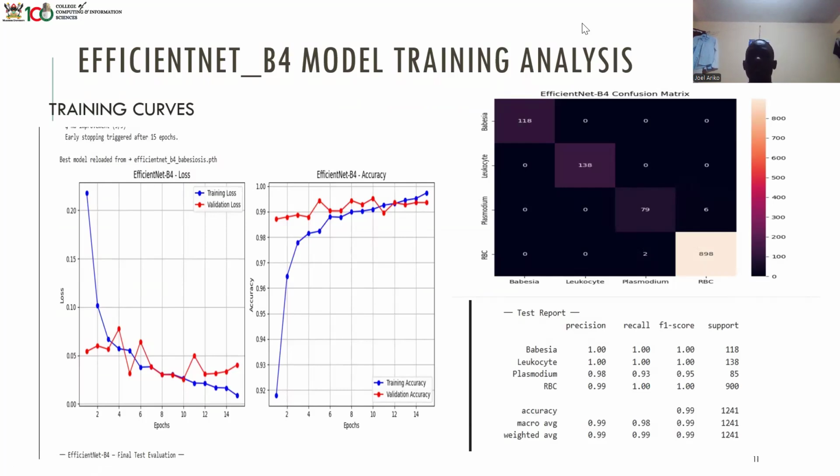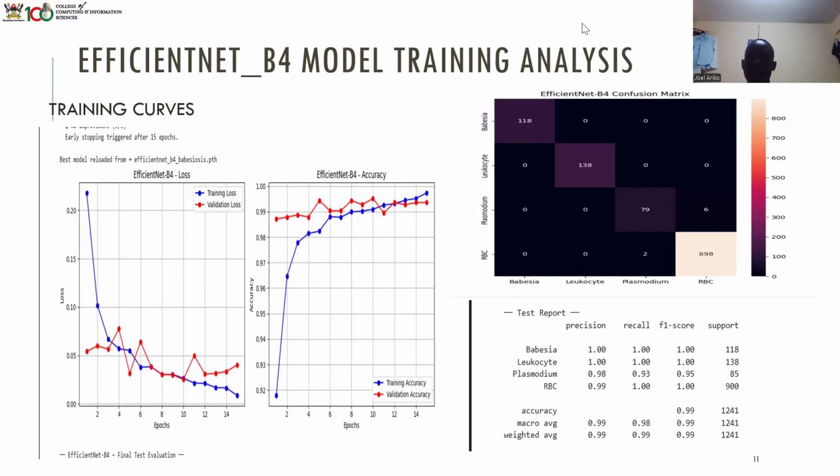Most of the samples were detected diagonally, meaning the model worked actually very well, whereby it detected Babesia very well. It didn't have any misclassification, even leukocyte and Plasmodium equally, but I'm seeing 8 of these samples were misclassified, whereby 6 Plasmodium cells were classified as red blood cells.